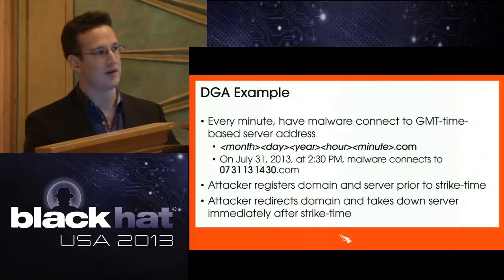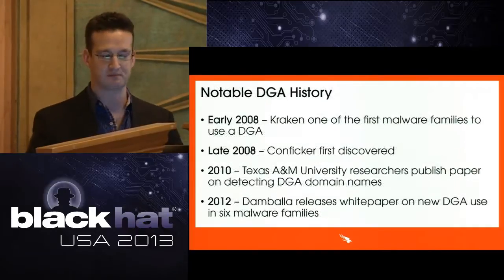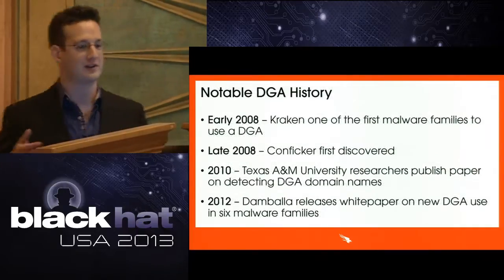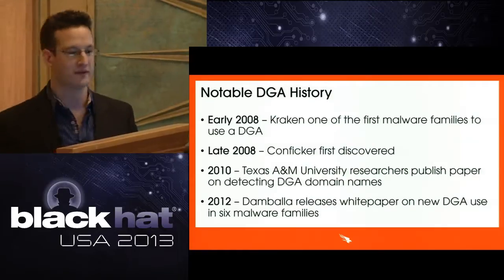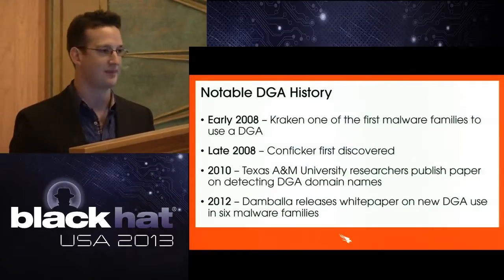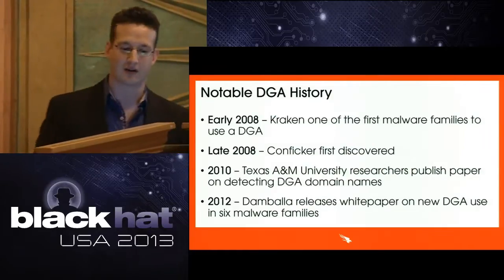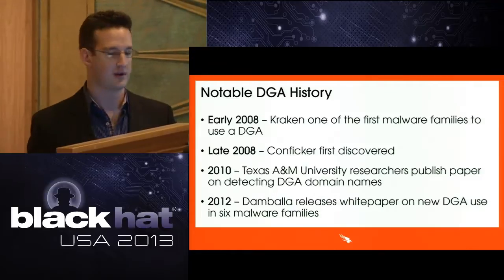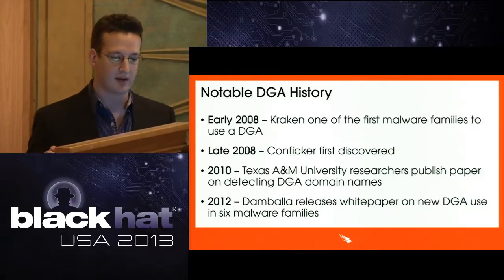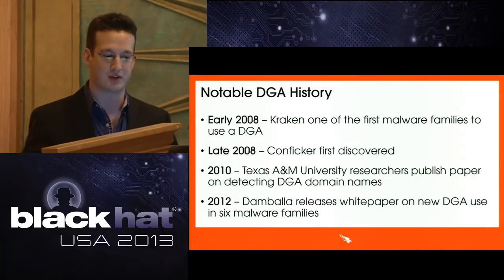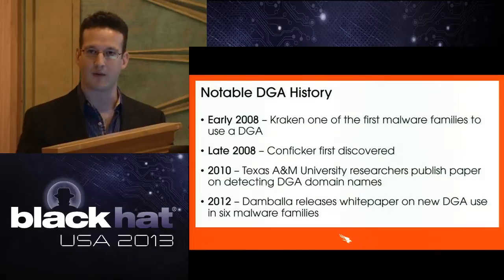Now DGA malware, though, is not exactly a new thing. Back in early 2008, Kraken was one of the first malware families to use a DGA. And a few months later, Conficker was first discovered, also using a DGA. But DGAs haven't been restricted just to Kraken and Conficker. Torpig and Ceeloader are two other malware families that have also been known to use DGAs.